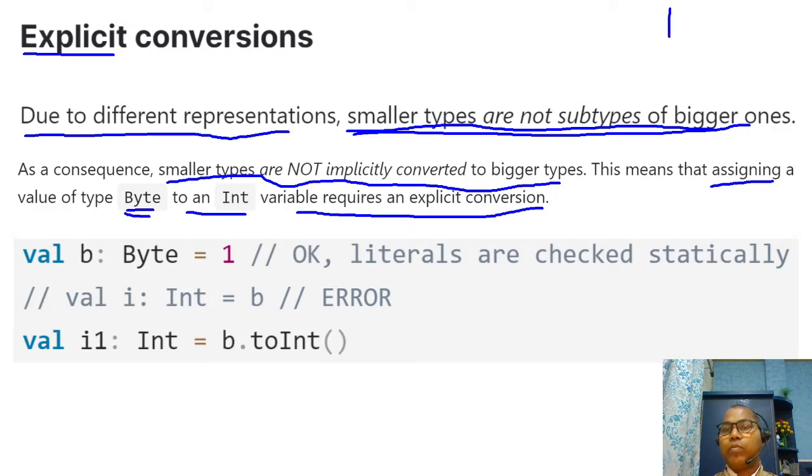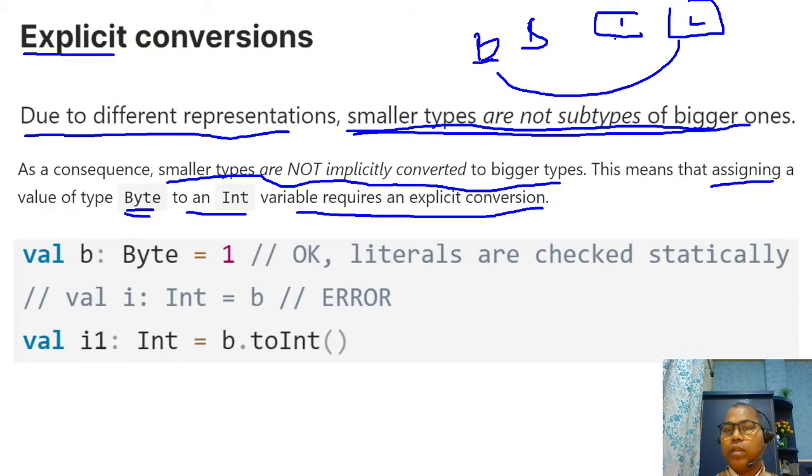The biggest is long, then int, then short, then byte, and byte is the smallest data type. So byte is not a subtype of these.